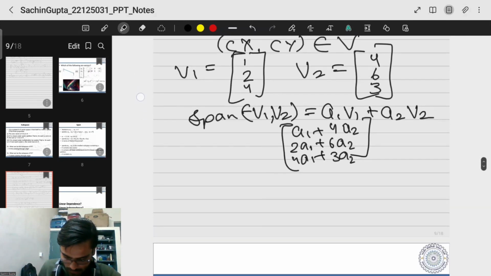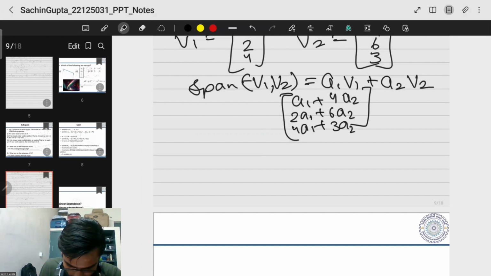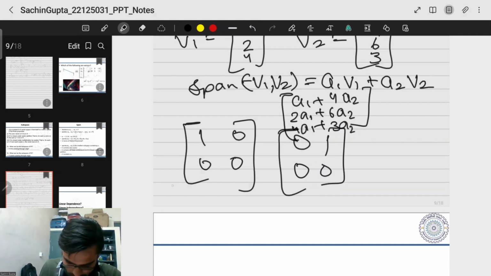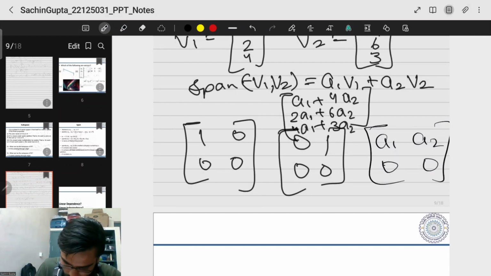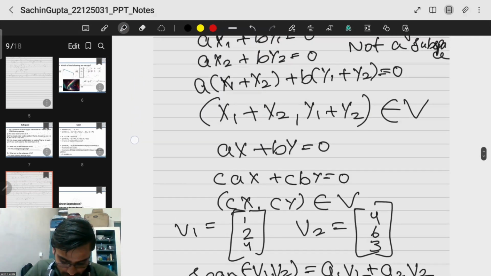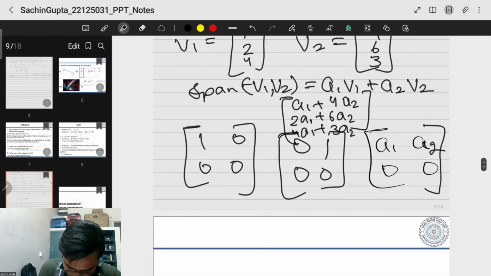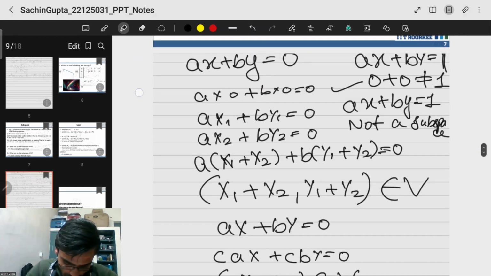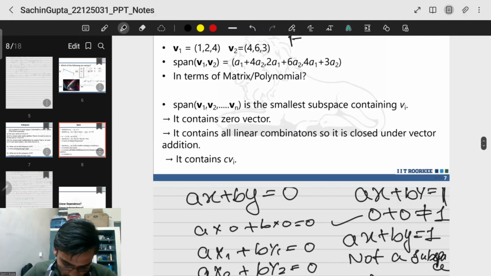So let's say we have two matrices of 2 by 2, one is 1 0 0 0 and the other is 0 1 0 0, then their span will be a1 a2 0 0. So matrices can also be treated like vectors, and for polynomials we can say the same. Now the span of v1, v2 up to vn is the smallest subspace containing the vi. Okay.